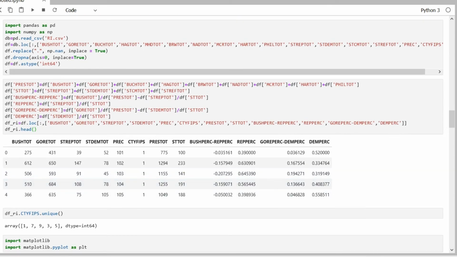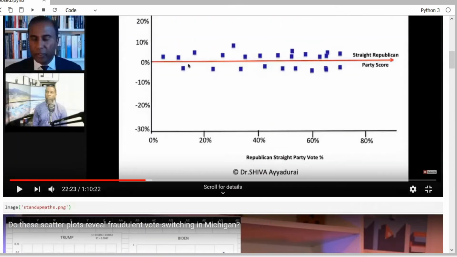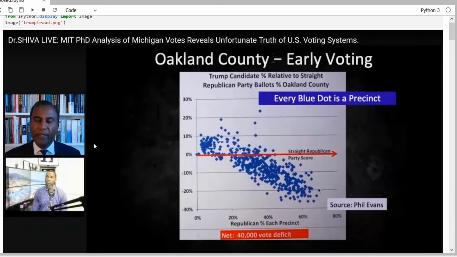Here's my code. I'm not going to go over it. Some people might not know what any of this means or care. Some people might, so feel free to just pause it right here if you want to know how I got what I got. But I made these graphs just like the one that Shiva Ayyadurai was talking about. But I did this for Rhode Island, and this is the 2000 election between George Bush and Al Gore.